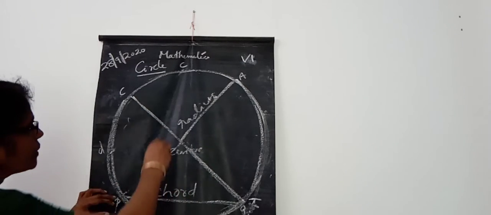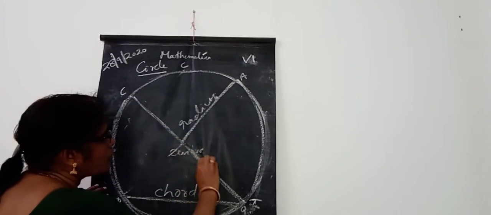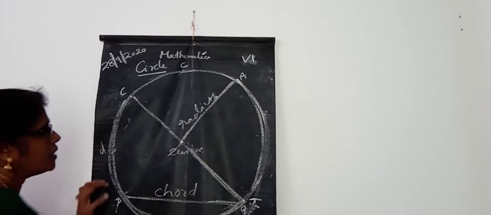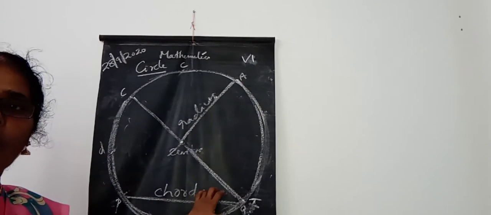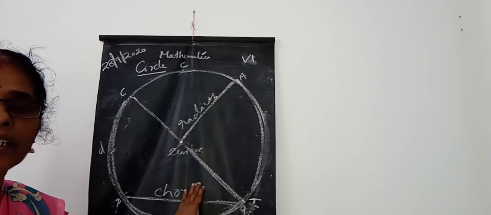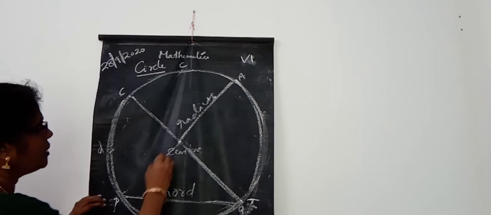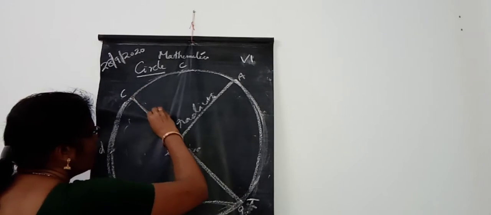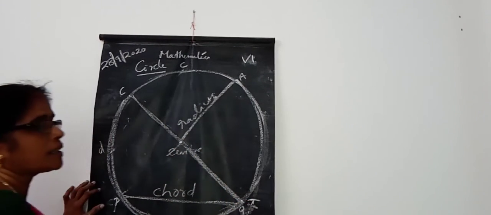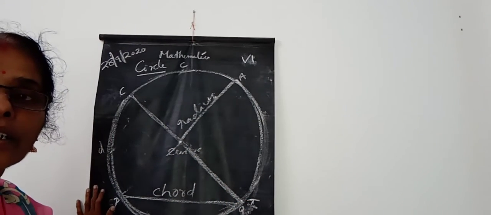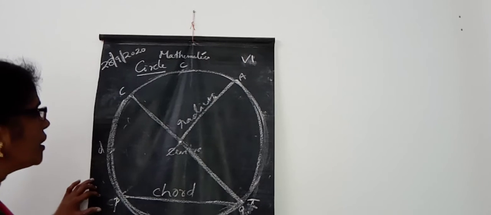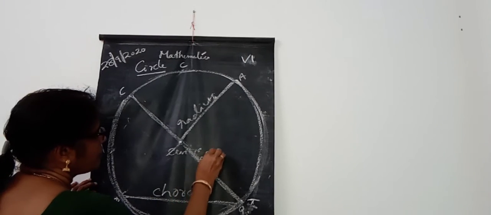But here this chord is passing through the center. This CT chord is passing through the center, so we can call it a diameter. If the chord is passing through the center, we can call it a diameter. So this one is the diameter.